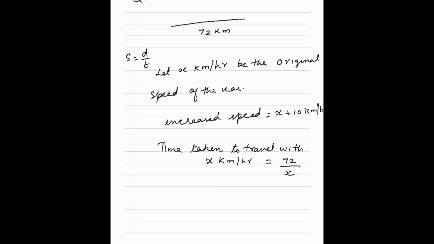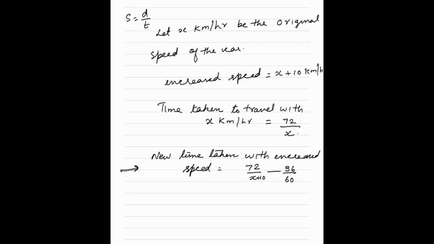Now what is the new time taken with increased speed? It would be 72 by x minus 36 minutes less. So 36 minutes you have to convert into hours, which you can do by 36 by 60.